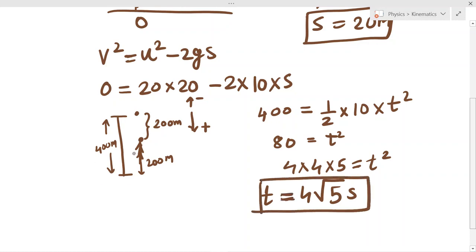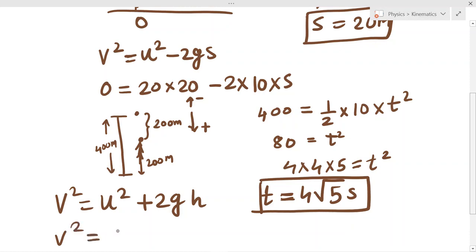And now what is its velocity when it is 200 meter above the ground? So it will be v square is equal to u square plus 2gh. So now h is 200 meter. So v is to be found out, u is 0 because it is dropped simply, plus 2 into 10 into 200. So this becomes 4000.